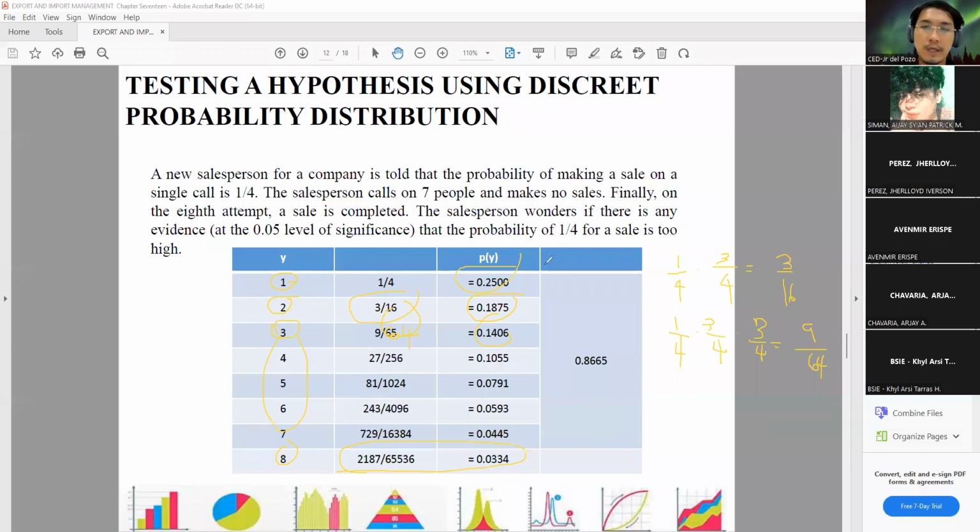If you try to get the probability of all of this na hindi siya nakatawag, that is 0.8665. Pag inadd mo itong lahat na to, then pag inadd mo to na 0.0334 plus 0.8665, that is equal to what? So, in short, it is considered as a probability function.